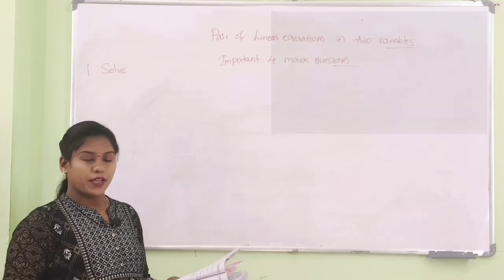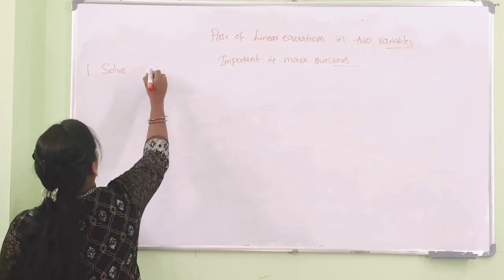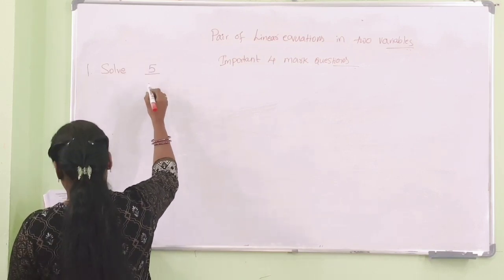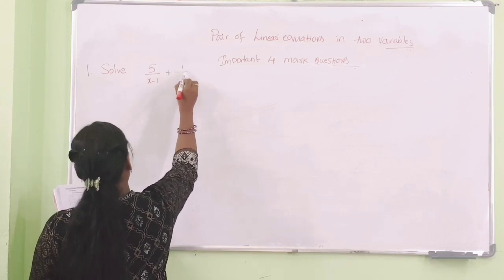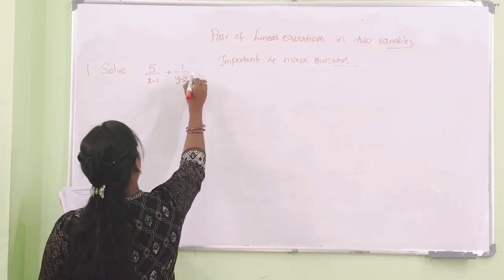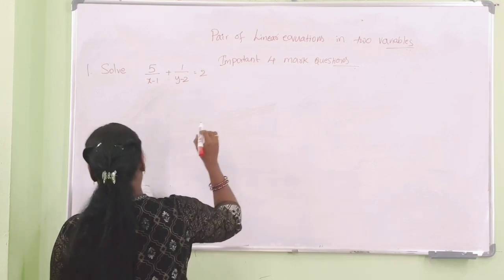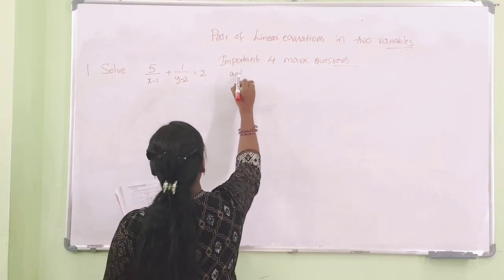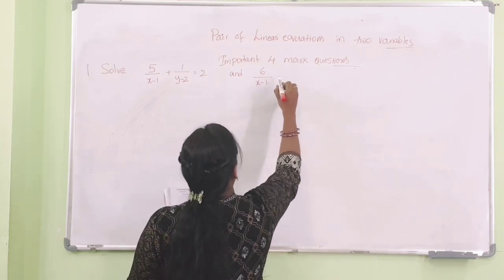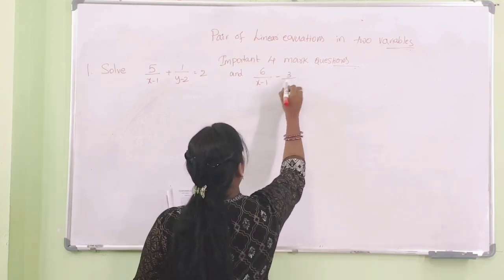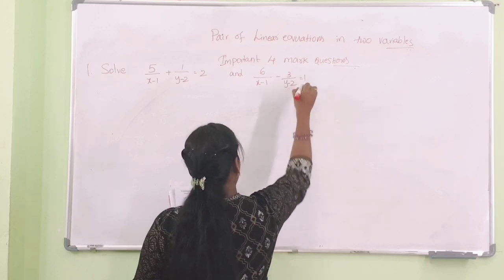And next pair of equations are 5 by x minus 1 plus 1 by y minus 2 is equals to 2, and 6 by x minus 1 minus 3 by y minus 2 is equals to 1.